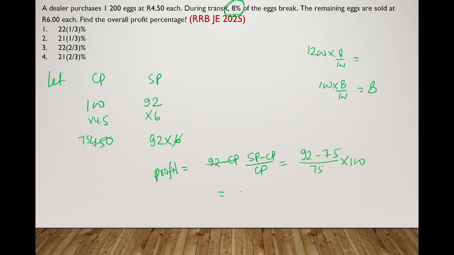So this is 102 divided by 450 into 100, that is 17 divided by 75 into 100. So 17 divided by 25, 3 ones are 3 and 25 fours are 100, 4 by 3. So 3 twos are 6, again 3 twos are 6, and 2 remain, so 22 by 3%. So the third option is right.